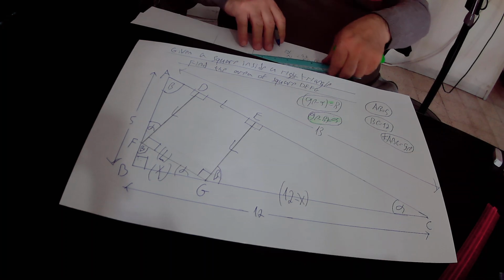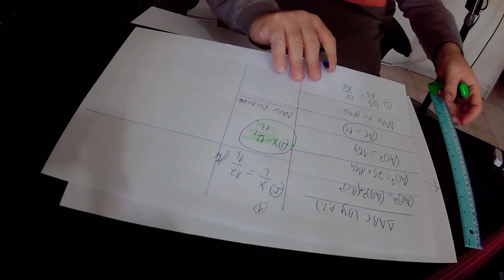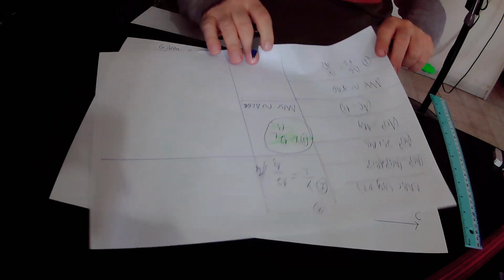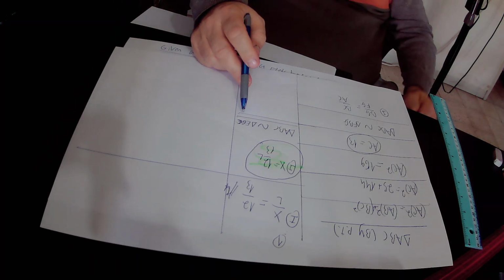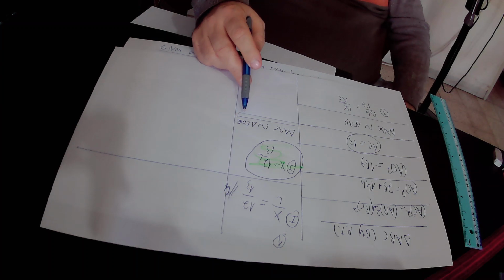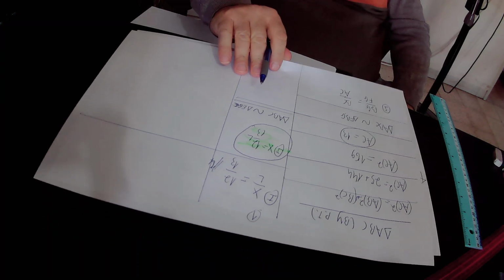Repeat again. We know that the right big triangle ABC is similar to the right triangle EGC according to the angle similarity rule.